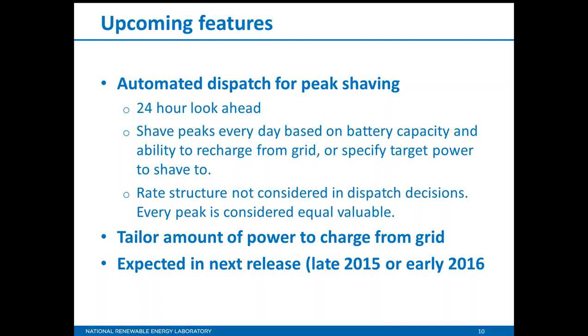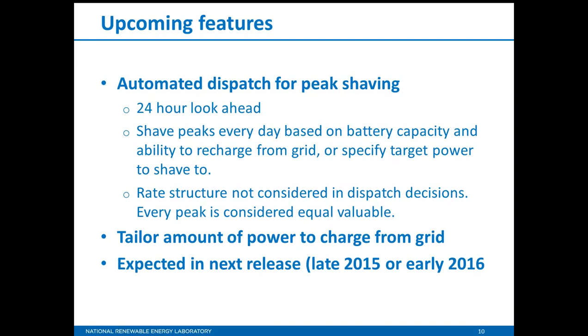And it uses a 24-hour look ahead to get the weather and the load forecast. And then within that 24-hour period, we look for the peak grid usage over that period, and then shave the peaks every day based on the battery capacity and the ability to recharge from the grid in that time period.